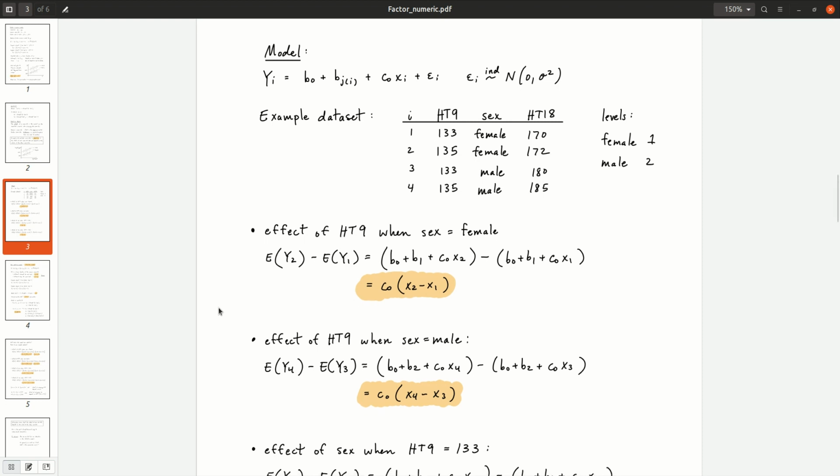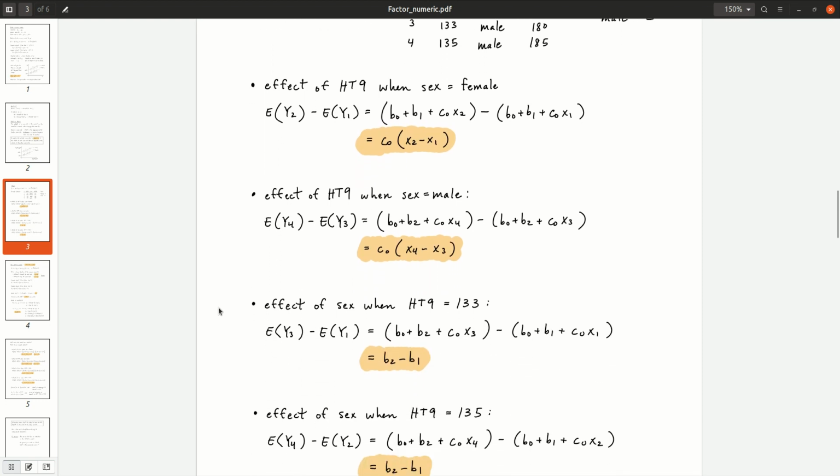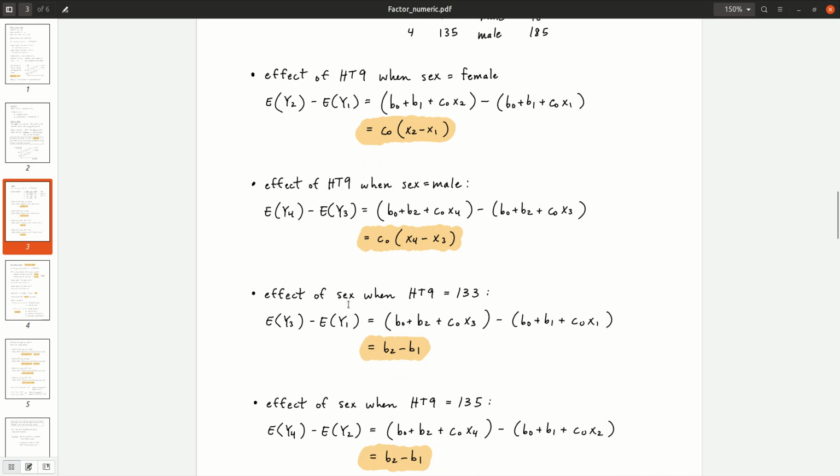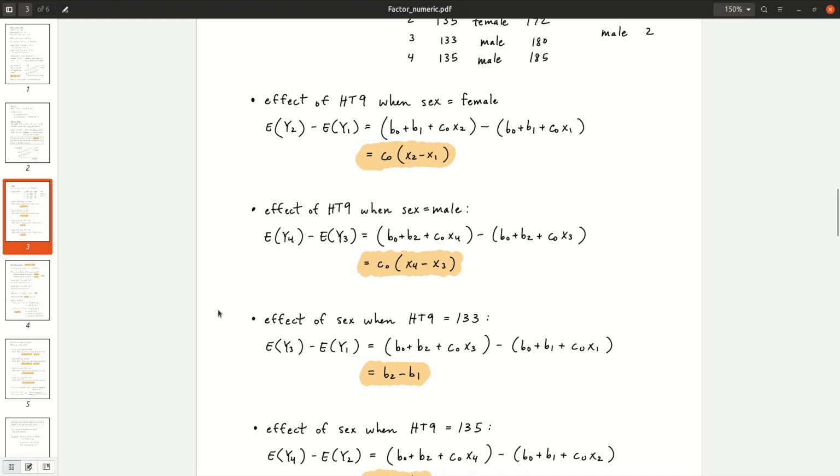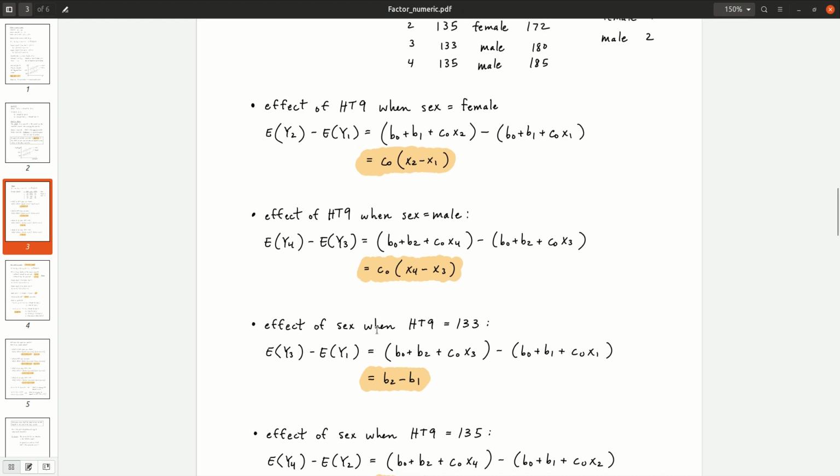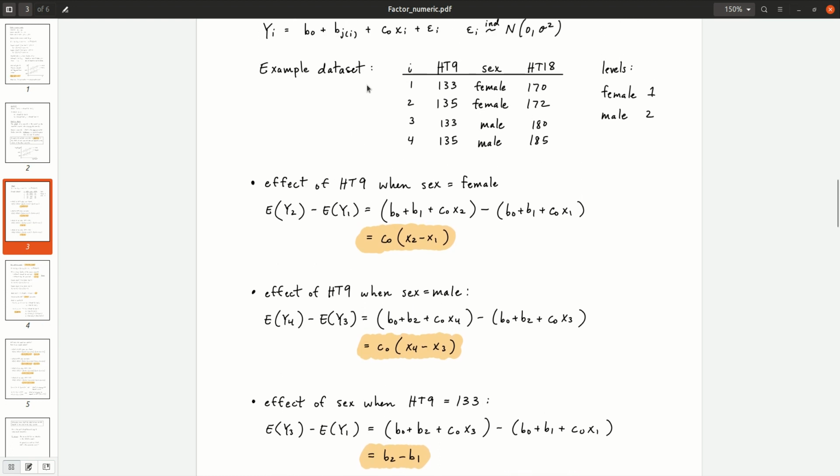Of course, we can go the opposite direction, and we can look at the effect of sex when we hold the height constant at one value versus holding it constant at a different value. So I won't go through all the details here, but you can see the effect of sex when height at age 9 is 133. The right comparison is going to be observations 1 and 3. So these both have height at age 9 equal to 133, but the sex changes from female to male.